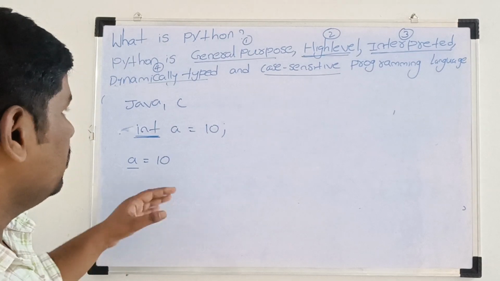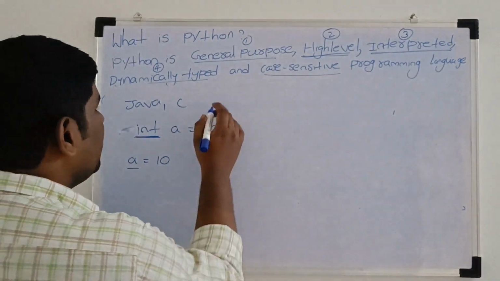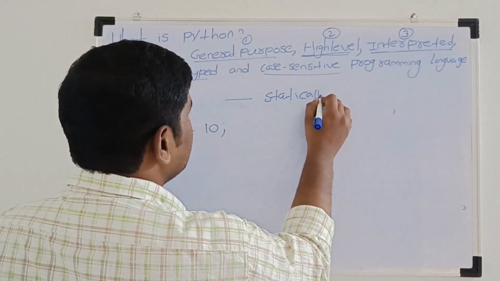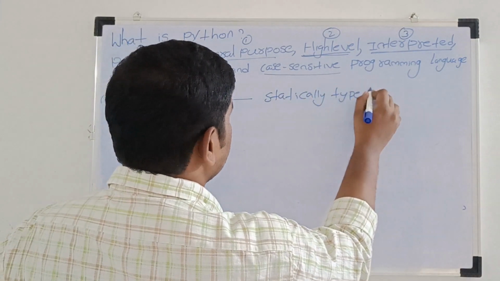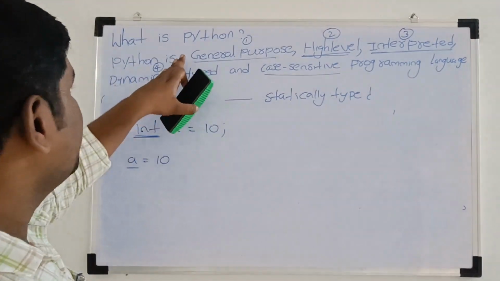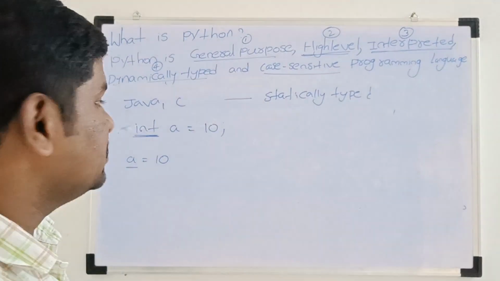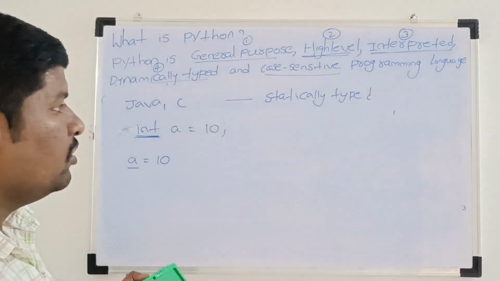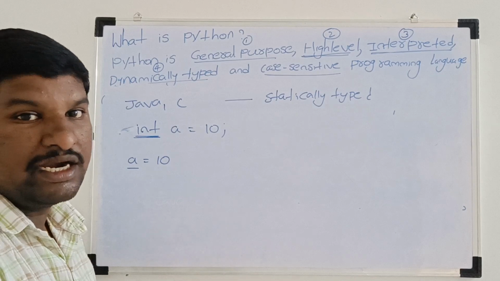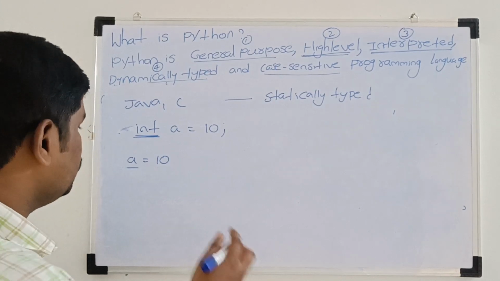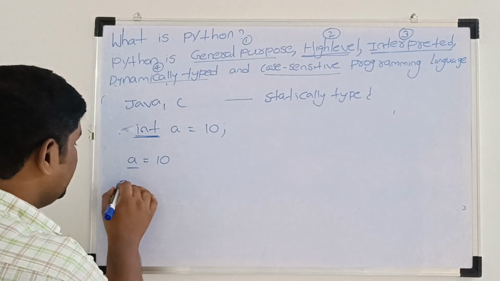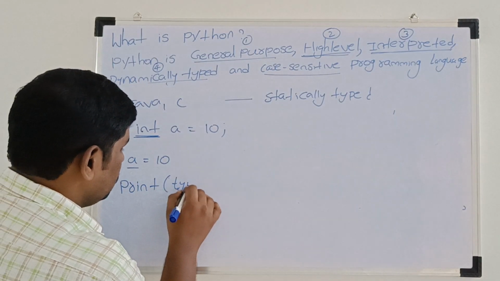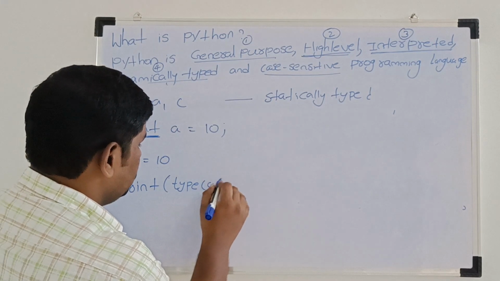Okay, and so here Java and C are statically typed. And if you want to know the data type of a variable in Python, you can write print type a.